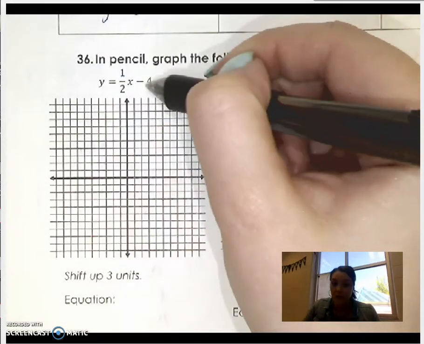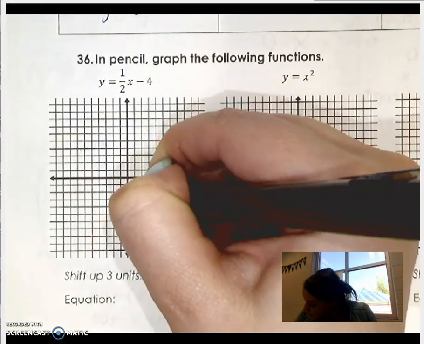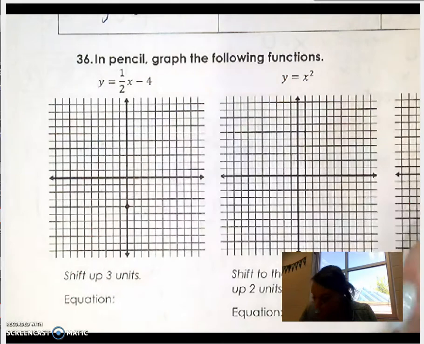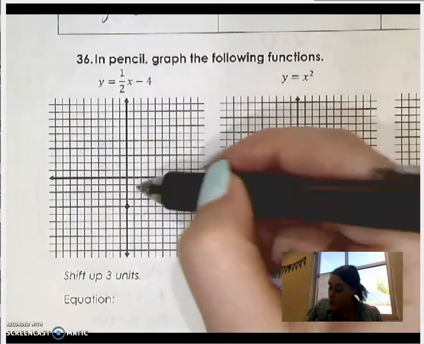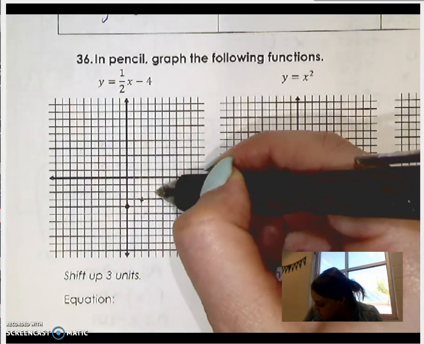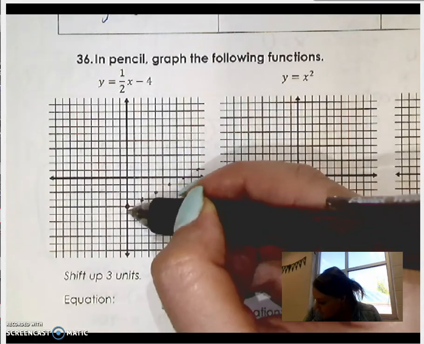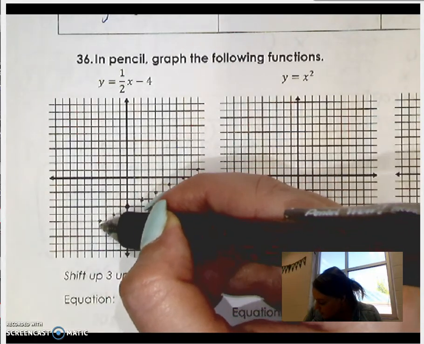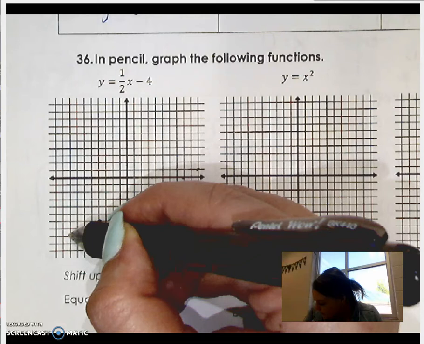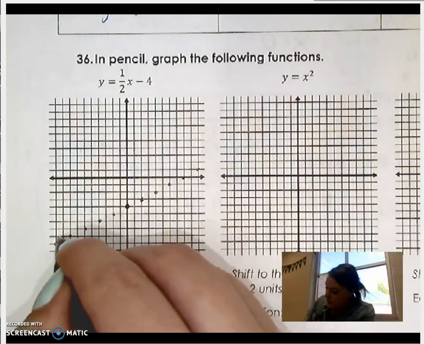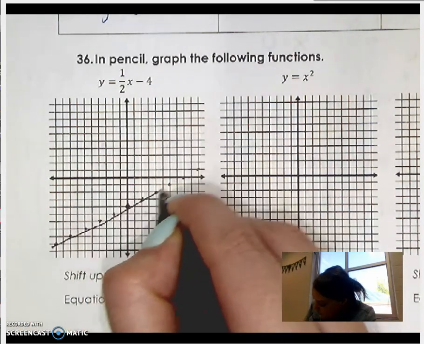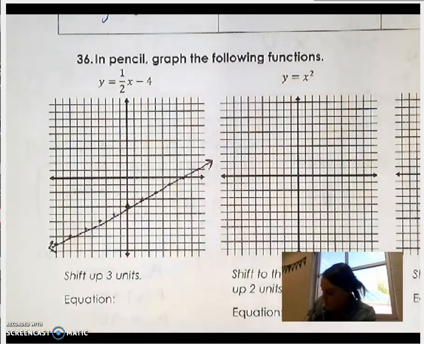I'm going to start at -4, so down 1, 2, 3, 4. Then I'm going to rise 1, run 2, so rise 1, run 2. All the way to the edges of my graph, and then go backwards. And then I'm going to connect here with a straight line.